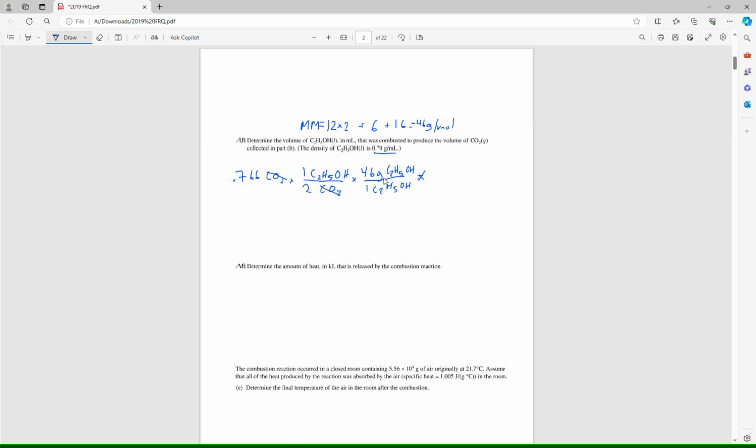Now that we're in grams, we can use the density to convert to milliliters by just flipping this around. This is 0.79 grams per 1 milliliter, so we could also say it's 1 milliliter per 0.79 grams. And I apologize, this is a multiplication sign. And that equals 22 milliliters of ethanol.